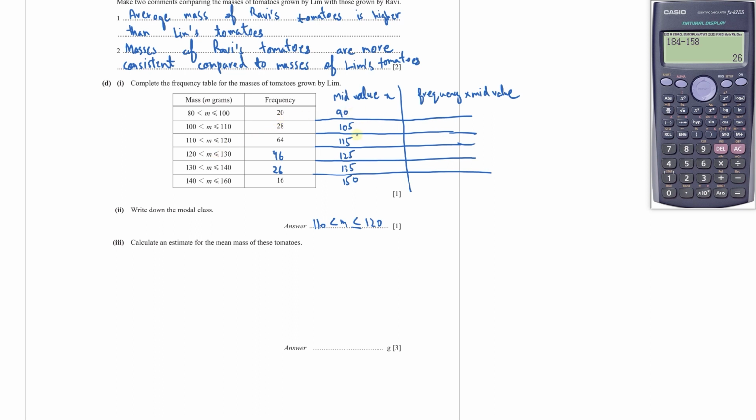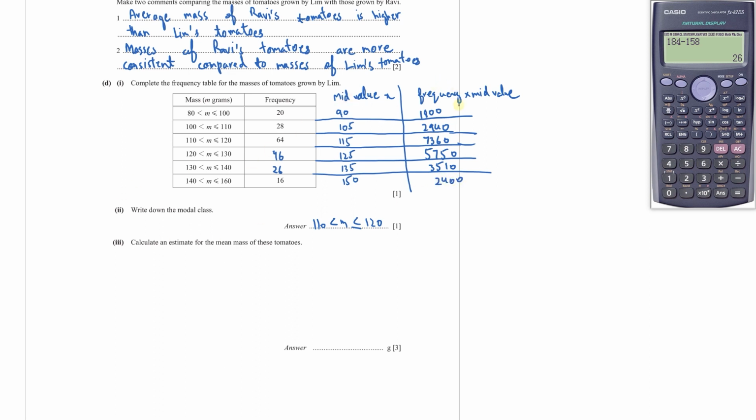So 20 times 90 is 1800. 28 times 105 will be 2940. 115 times 64 will be 7360. 125 times 46 will be 5750. And then this will be 3510. And this will be 2400.